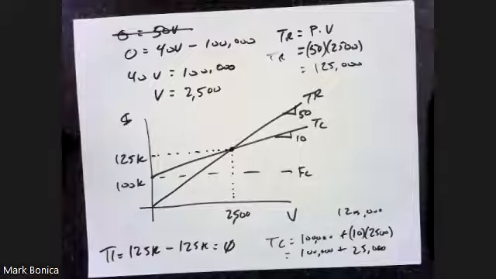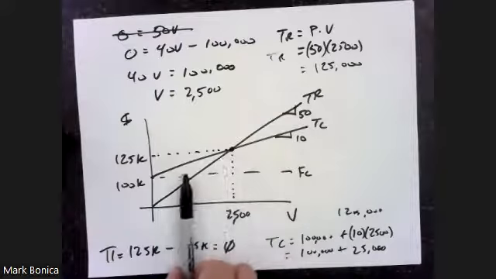So if we're running this lab with this cost structure and this price, we know we've got to do at least 2,500 tests in order to break even, right? If we want to make a profit, we have to do more than 2,500 tests.